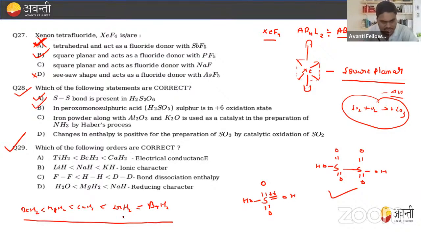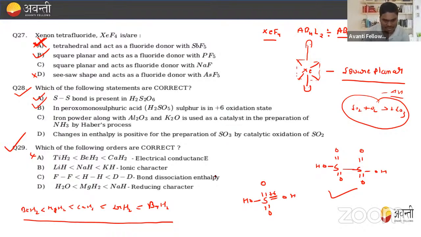In this, they are saying TiH2, where titanium is basically from the d block, so it has less electrical conductivity compared to these two. So this order is incorrect, right?